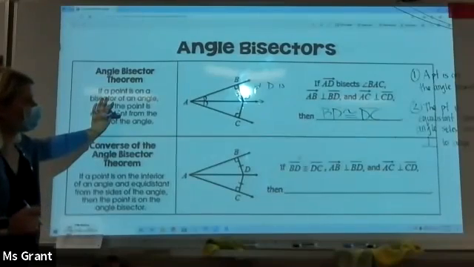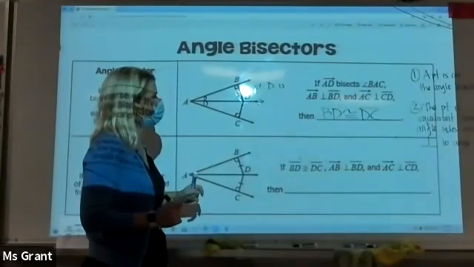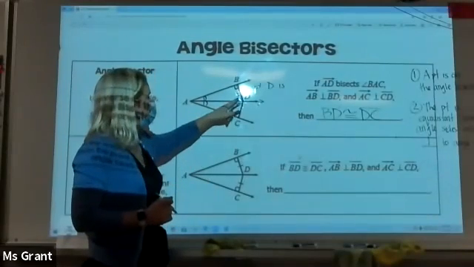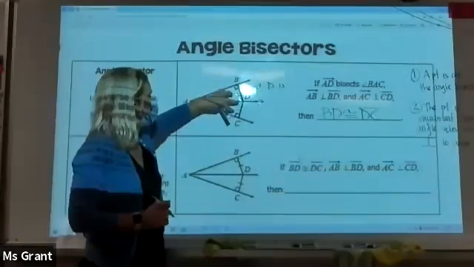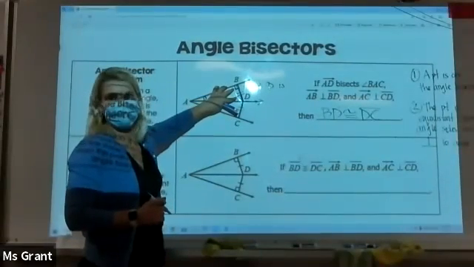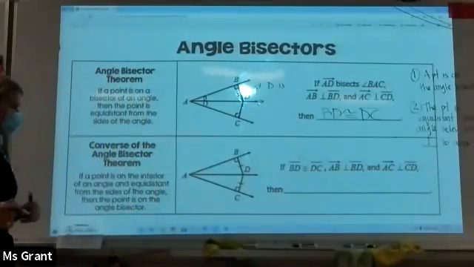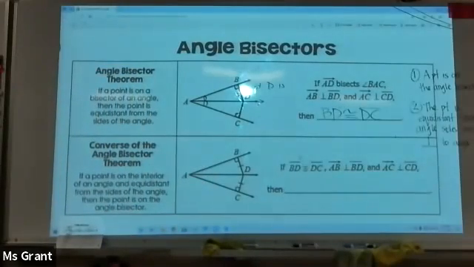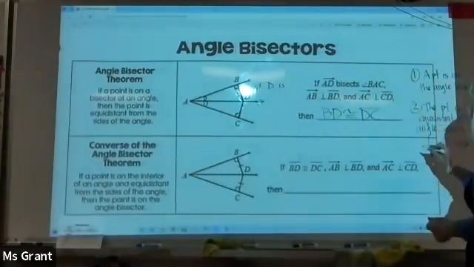I start off with a line that cuts an angle in half. And then I can draw equal segments off that point. The converse says the opposite. The converse says that I already know that the point is equidistant from the sides.